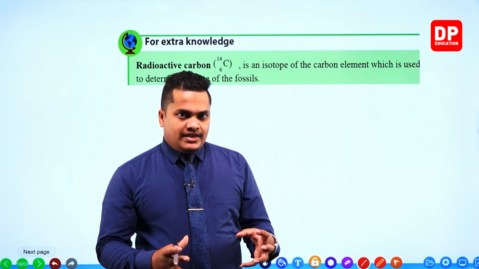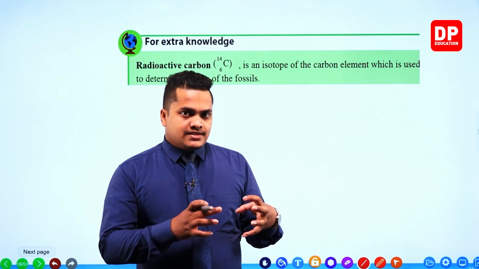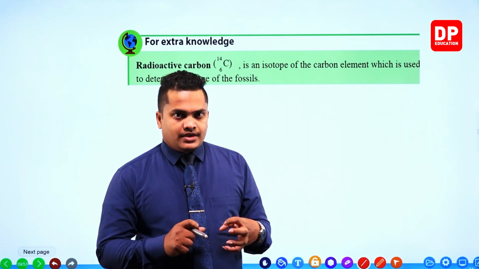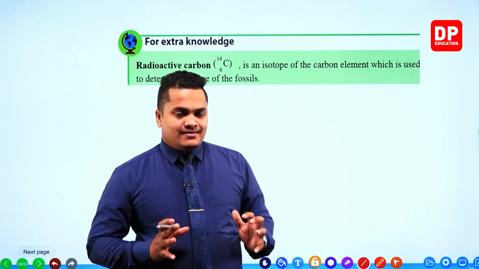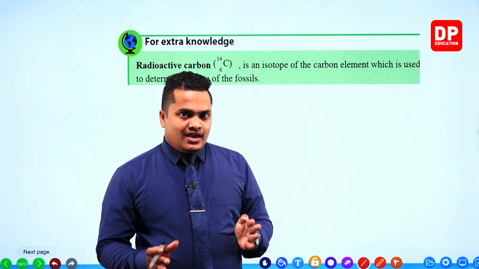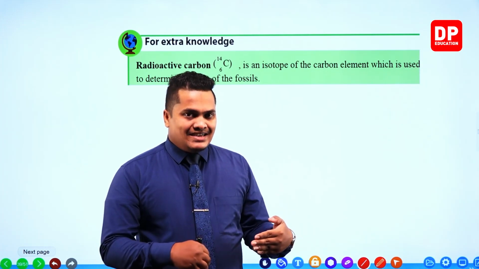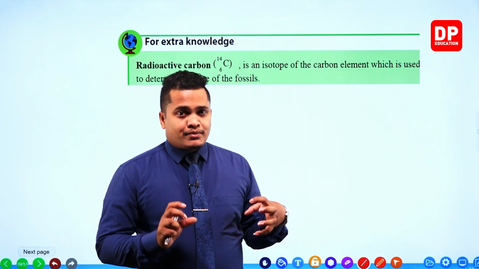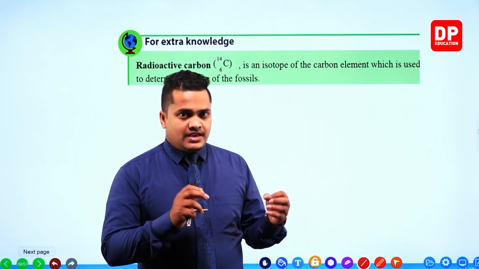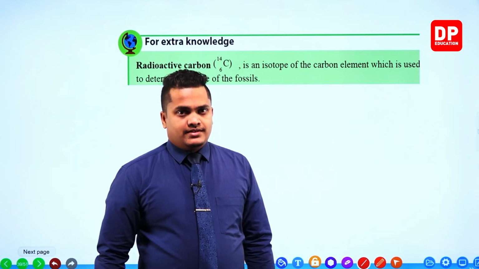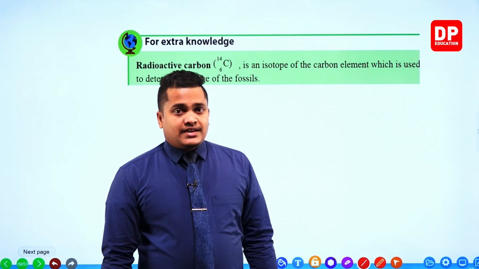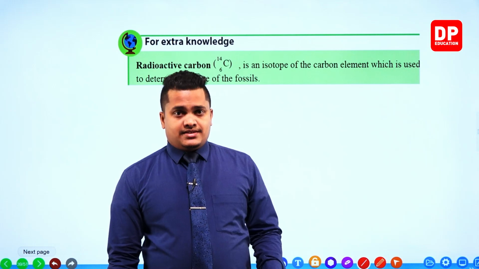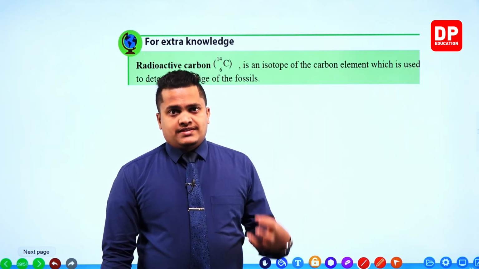So within a certain body, there is a certain amount of carbon-14. By checking that amount and the reduced amount, scientists can give an estimated, approximate value for the age of a certain fossil. Okay, my dear children, so the carbon test is done, with carbon-14 as the element used, to determine the age of a certain fossil.